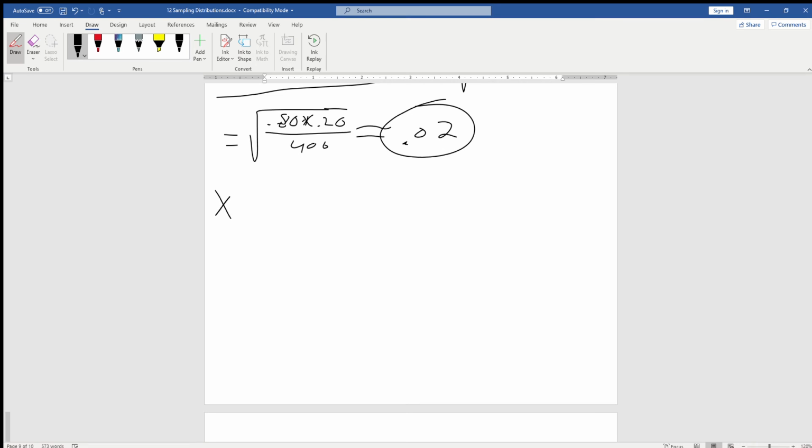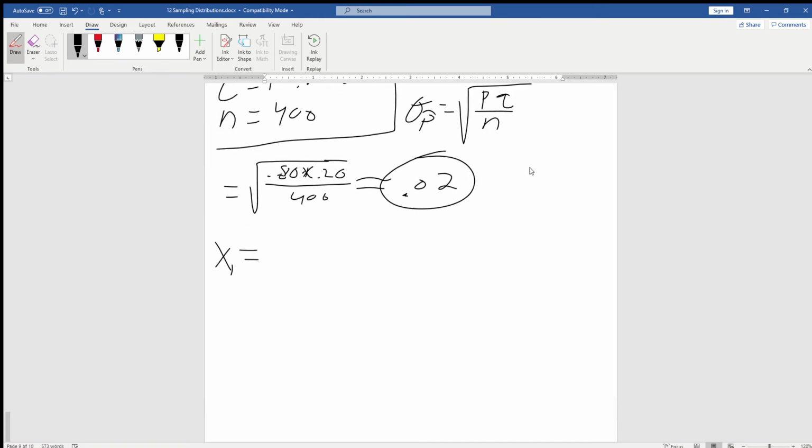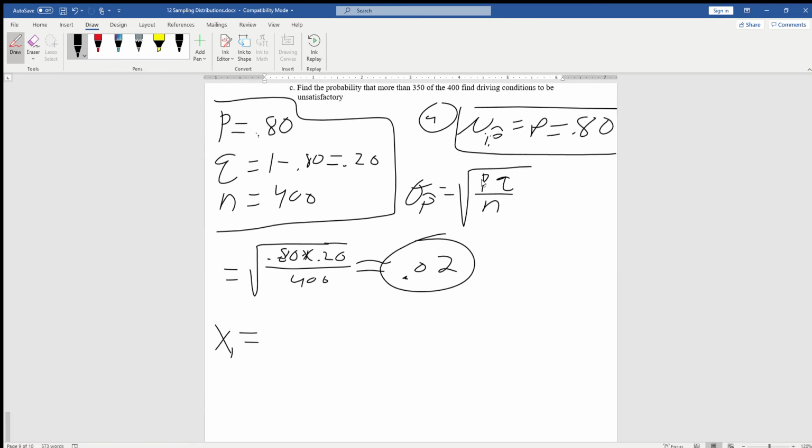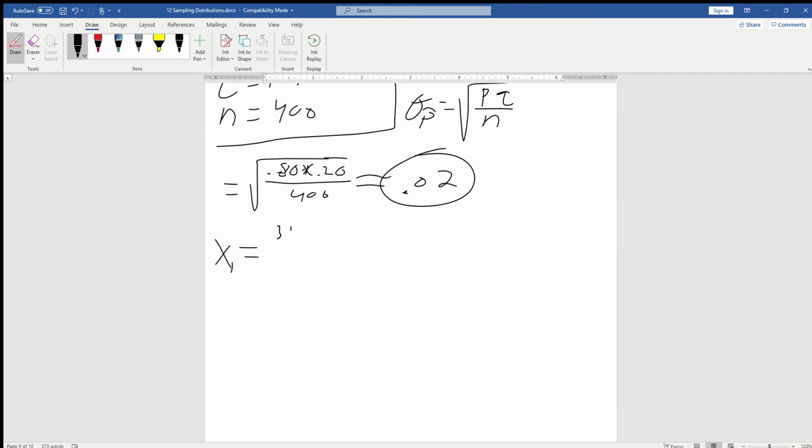The first x, I'm going to call x1, is going to be the bigger number, 315, divided by the sample size 400. Remember, x has to be a proportion or a percentage. In my calculator, that's 0.7875. Okay, x2, 300 out of 400, 3/4, 0.75.